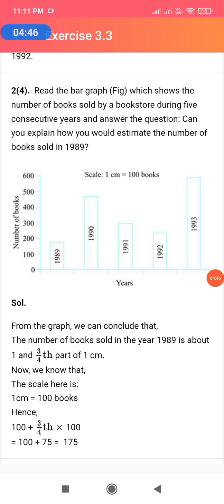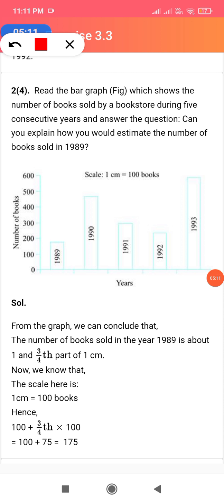Next, the question is, can you explain how you would estimate the number of books sold in 1989? If 1 centimeter is 100 books, in 1989, how many books were sold? Approximation. We can take the scale and find out.